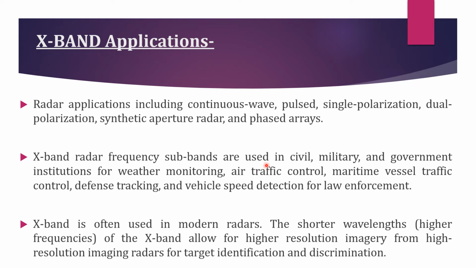In the sub-bands, the frequencies are lower. This lower frequency is utilized by civil, military, and government institutions for weather monitoring, air traffic control, and maritime vessel traffic control. Maritime is related to ships. In the water also there are a lot of ships, and if one ship collides with another, definitely there is an accident.